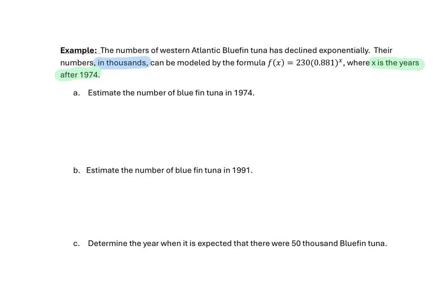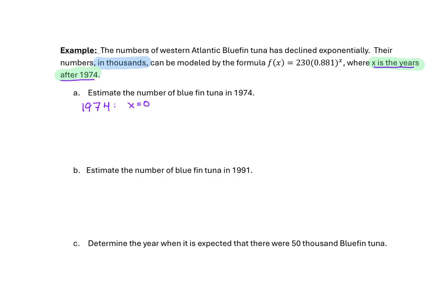All right, we want to start by estimating the number of bluefin tuna in 1974. If we look at our statement, x is the years after 1974, so 1974 is actually x equals 0. This is our starting year.